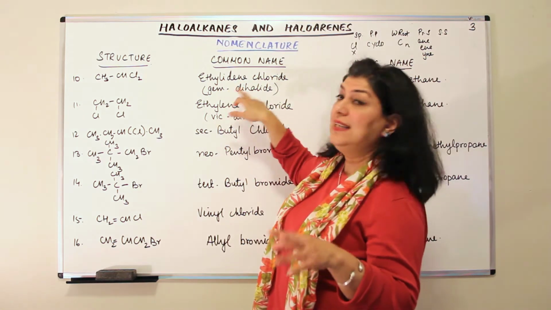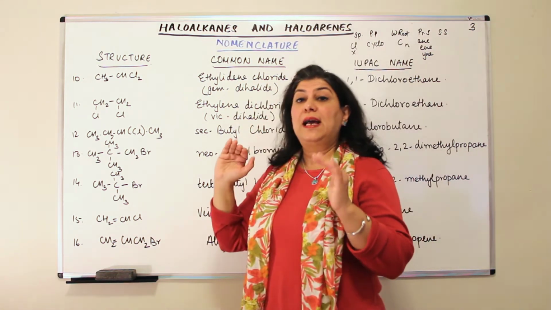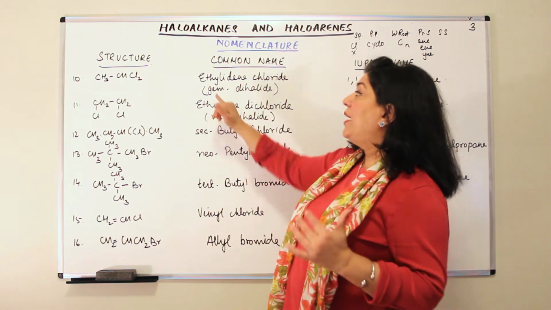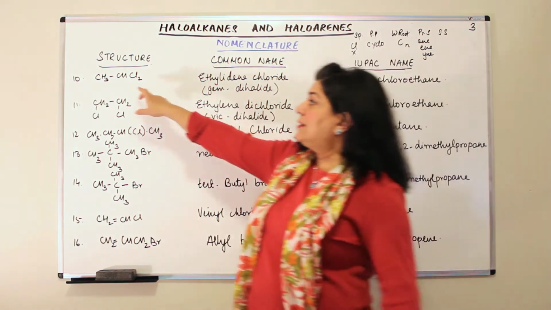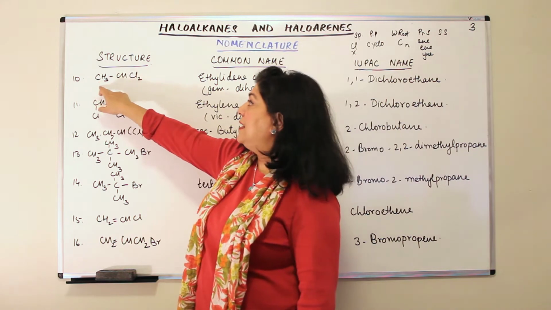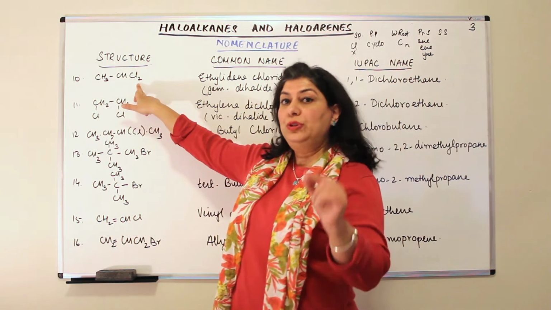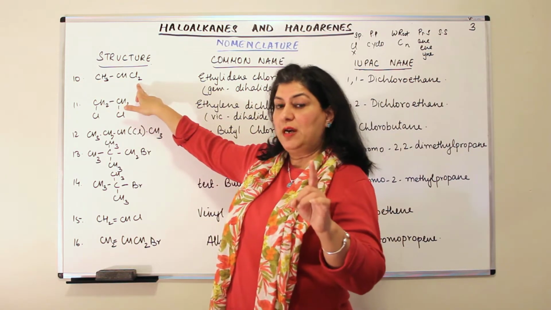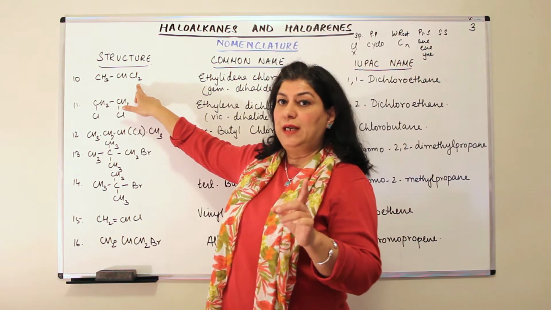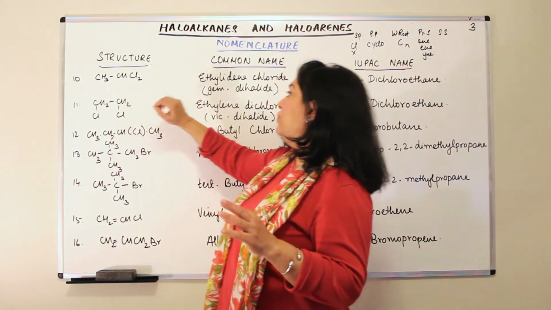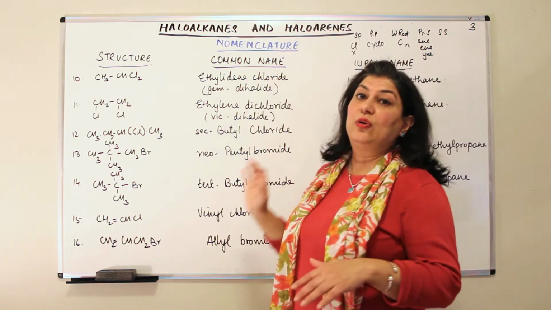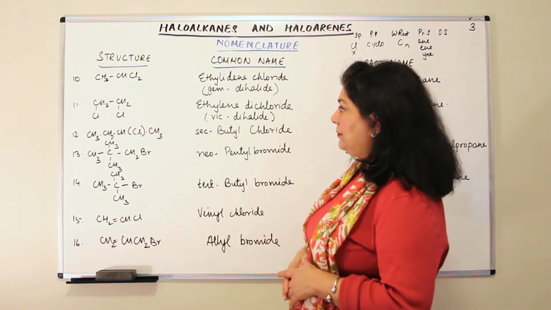It is ethylidene chloride. Ethylidene is usually used for gem dihalides. So this is a gem dihalide, CH3CHCl2, where both the chlorine atoms are attached to the same carbon atom. Therefore, in common nomenclature we use ethylidene chloride for this.